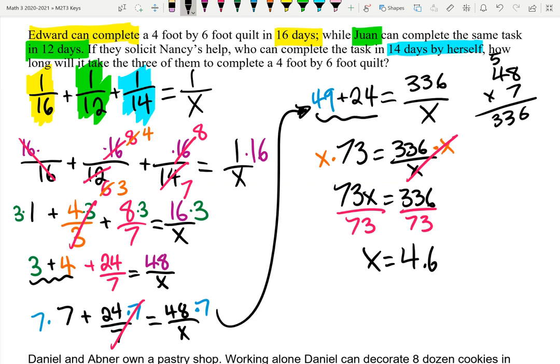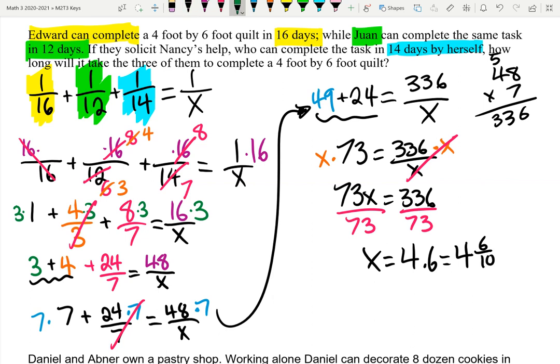So essentially, how long will it take them to complete a 4 by 6 foot quilt? 4.6 hours. Now, 4.6 hours, this 0.6 doesn't mean how many minutes. If I wanted to go advanced, I could remember that 0.6 is going to be the same thing as 6/10.